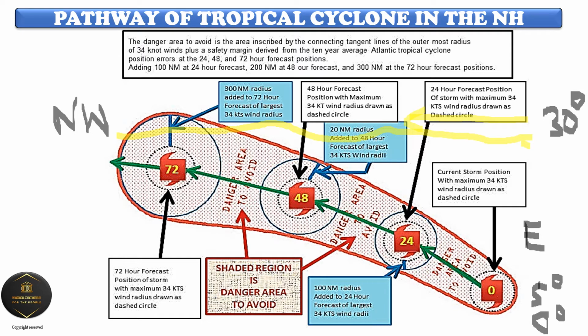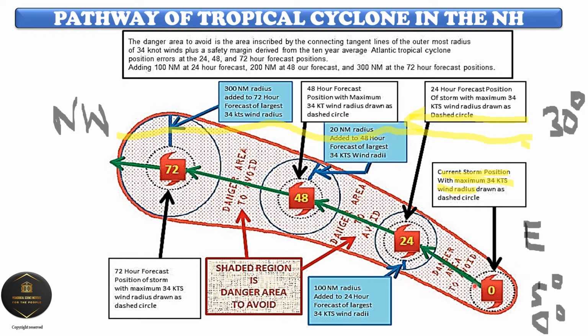So if you look at the arrows, we are also being shown the changes over time. If you look at this part, it says current storm position with a maximum of 34 knots, wind radius drawn as a dash circle. So that's what you see over here in the first part, right? And you see there's a notice that says danger area to avoid.